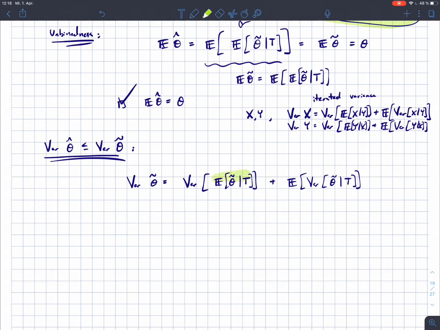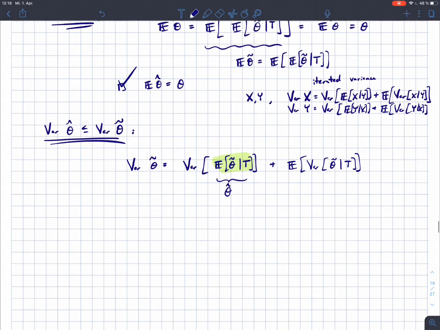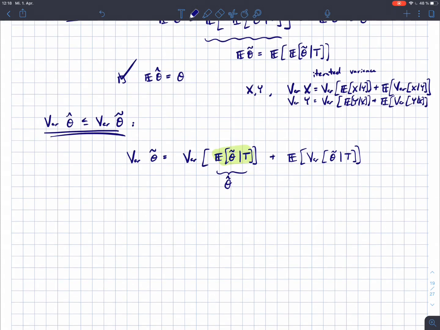And now I'm going to note that this thing here is exactly my estimator theta hat. So what I really have is the variance of theta tilde is equal to the variance of theta hat plus the expected value of the variance of theta tilde given t.